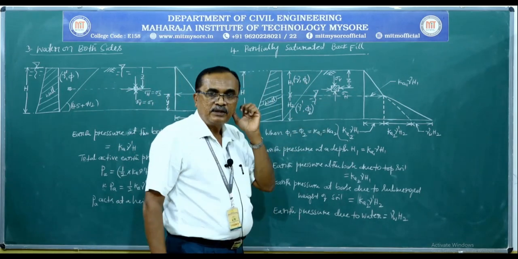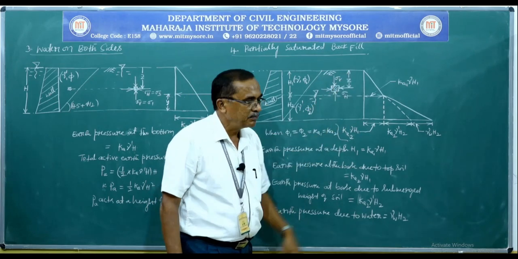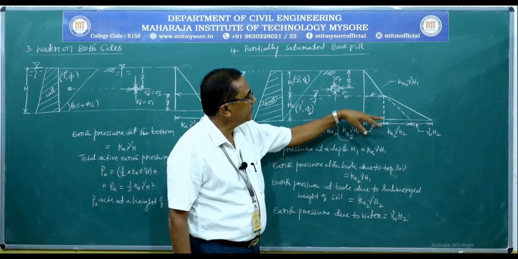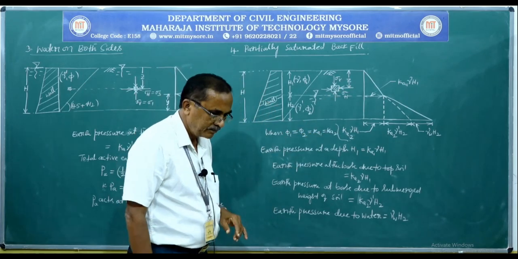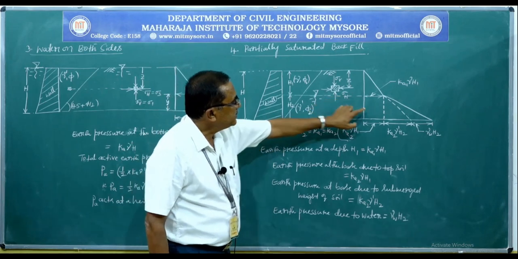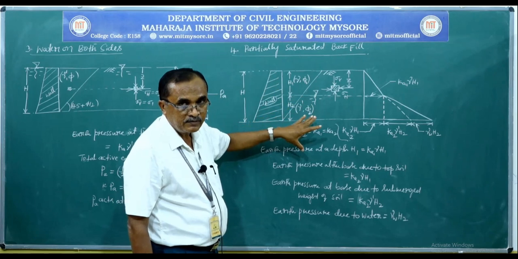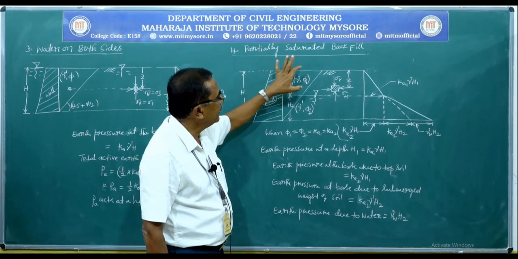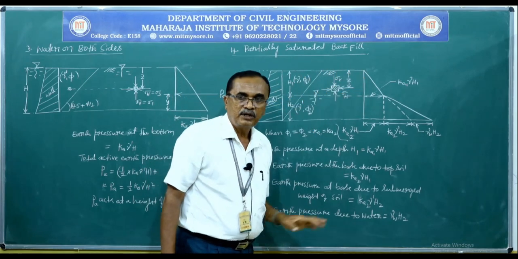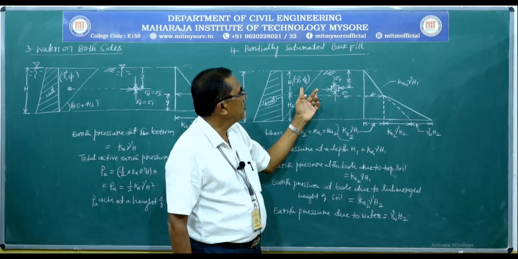In the previous cases, we came across a single triangle in the pressure distribution diagram, whereas here you can see a combination of triangles and a rectangle. So this case is very important. Whenever we come across layered soil like this, for the first layer we calculate the pressure by multiplying the pressure coefficient with the height.